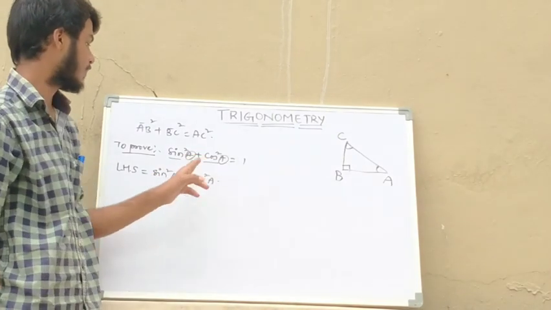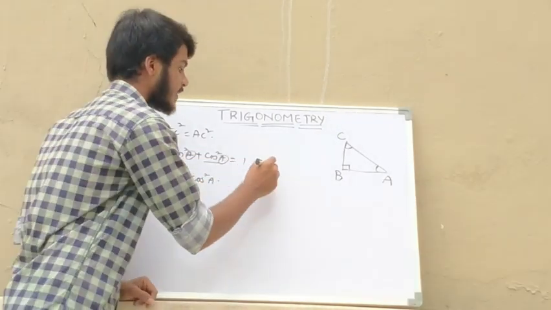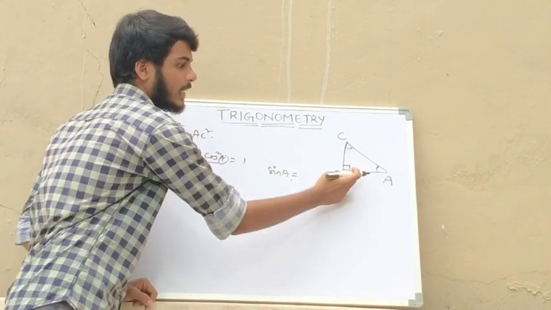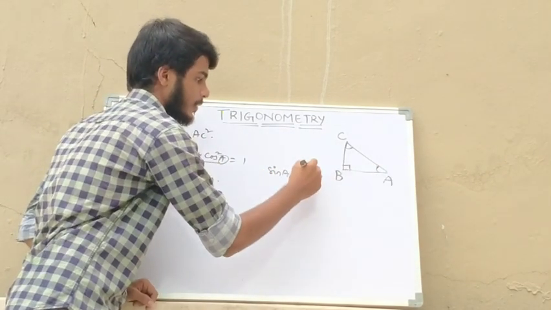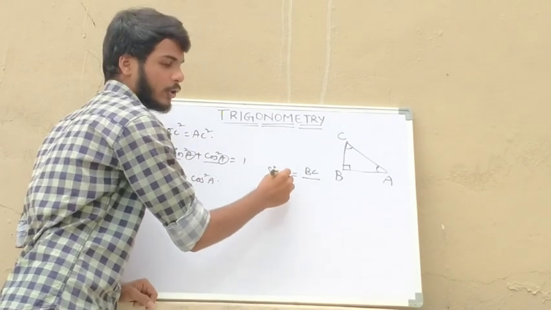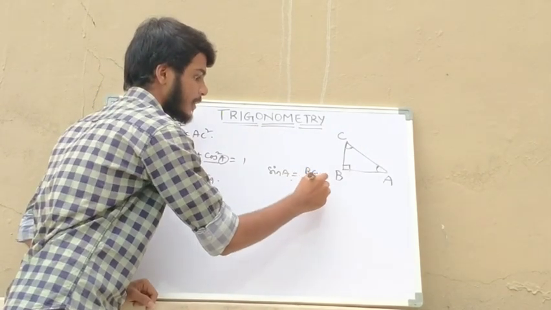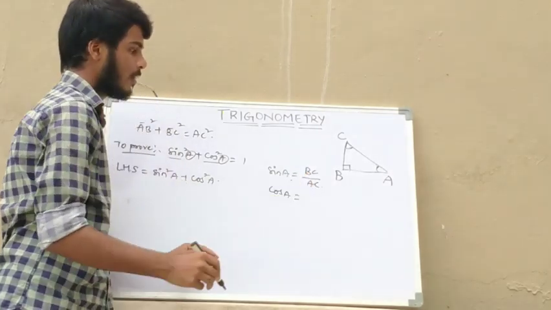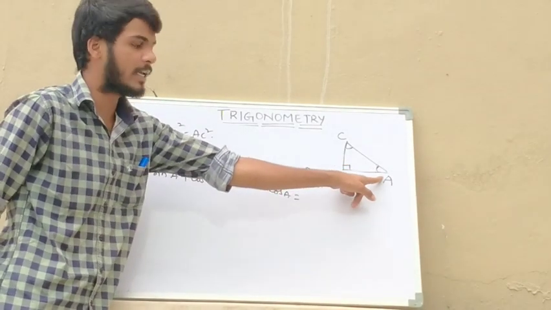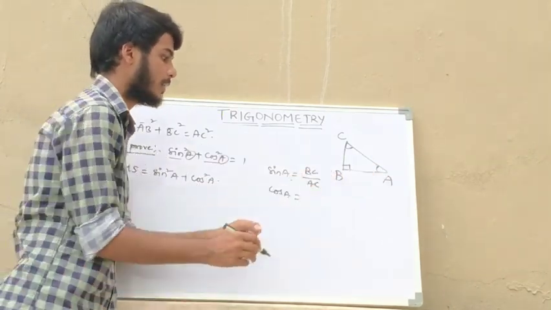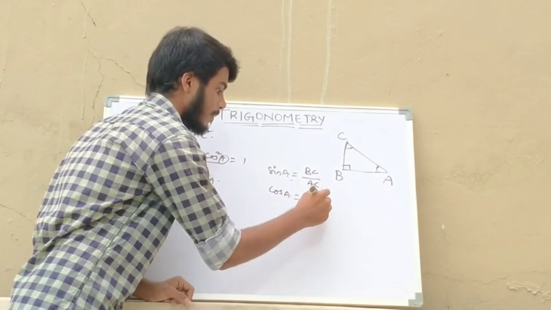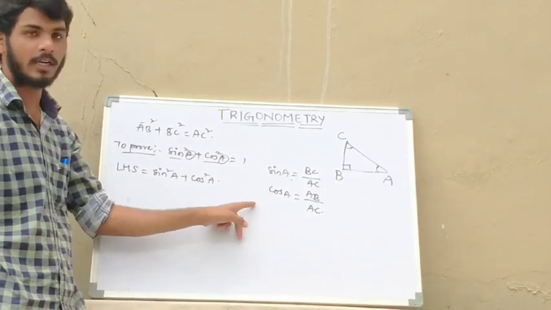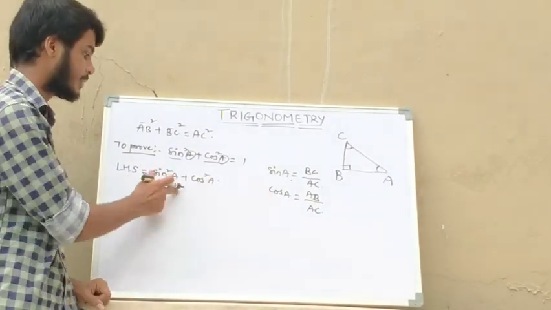First of all, by the definition, what is sin A? Sin A is opposite to angle A. Opposite is BC by hypotenuse AC. What is cos A? Adjacent to angle A. Adjacent is AB by hypotenuse AC. So substitute the values of sin A and cos A in this expression.